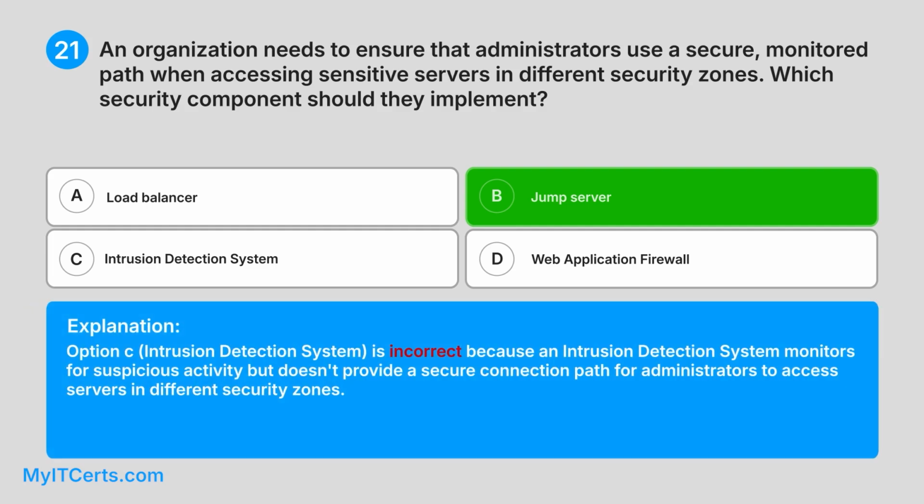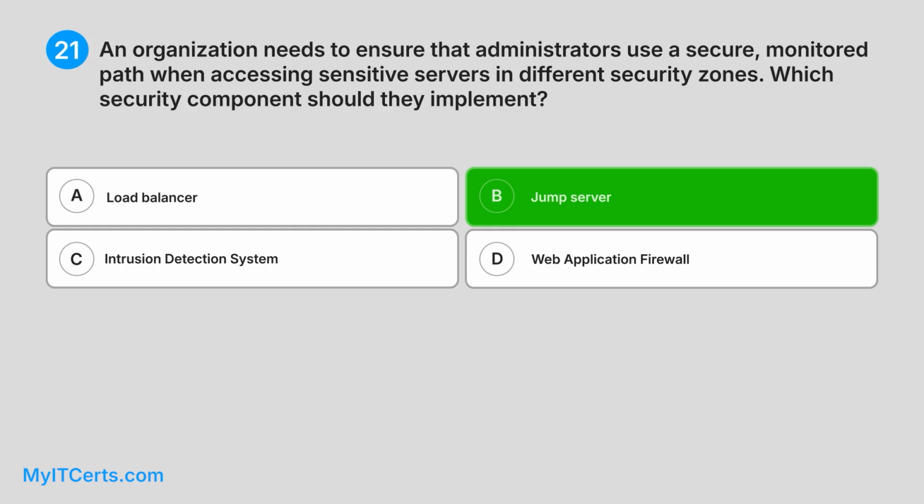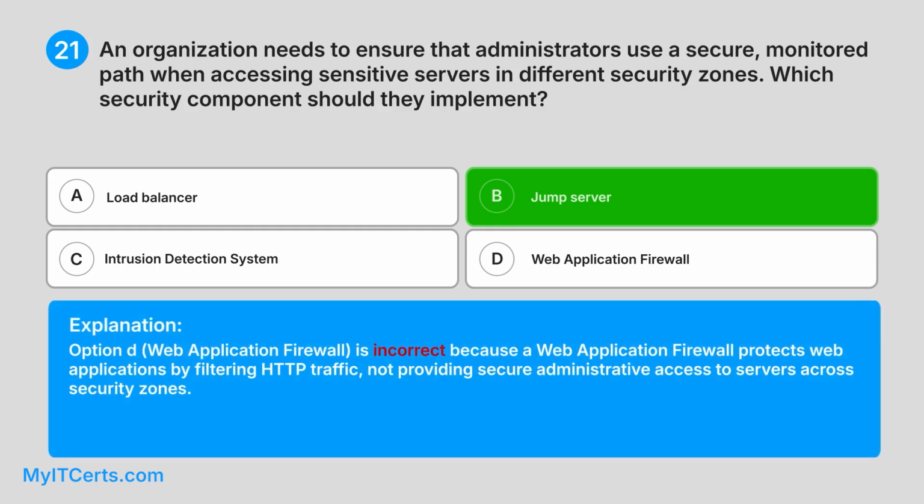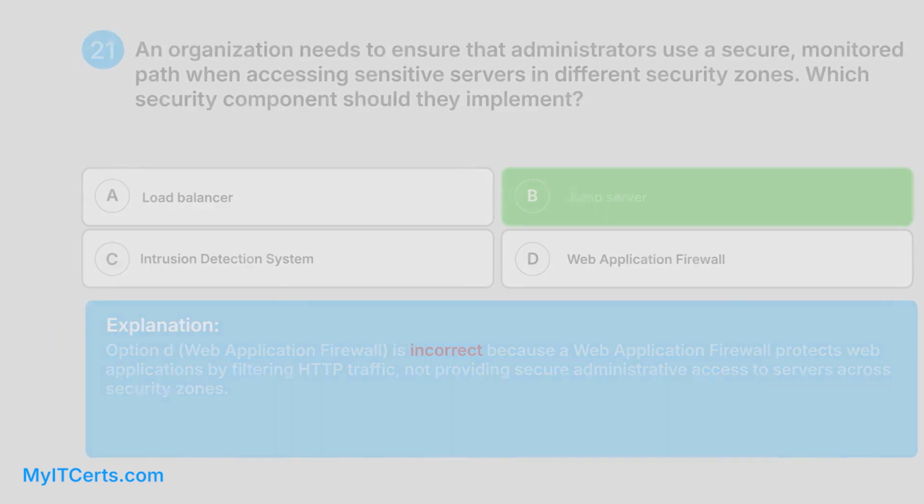Option C, intrusion detection system, is incorrect because an intrusion detection system monitors for suspicious activity but doesn't provide a secure connection path for administrators to access servers in different security zones. Option D, web application firewall, is incorrect because a web application firewall protects web applications by filtering HTTP traffic, not providing secure administrative access to servers across security zones.